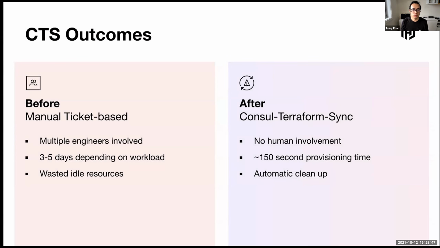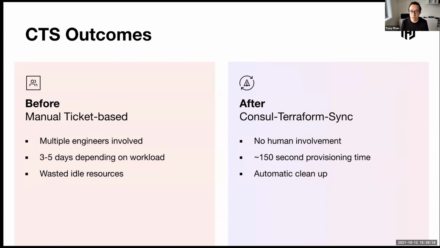So just to summarize some of the outcomes that we demonstrated today with Consul-Terraform-Sync, before it was very manual-driven, ticket-based. You had multiple teams, you had multiple engineers involved. It would take days, weeks, depending on the workload, depending if there's change approval processes. There was a lot of wasted resources.